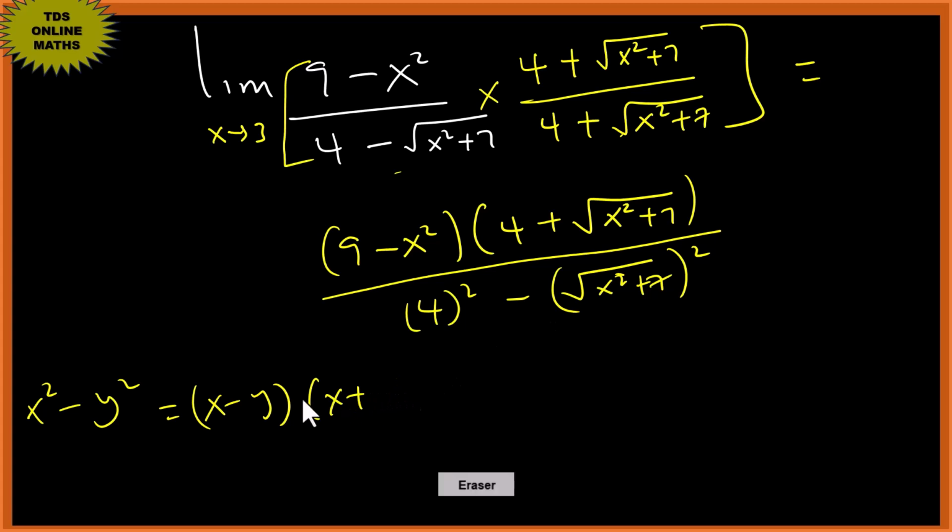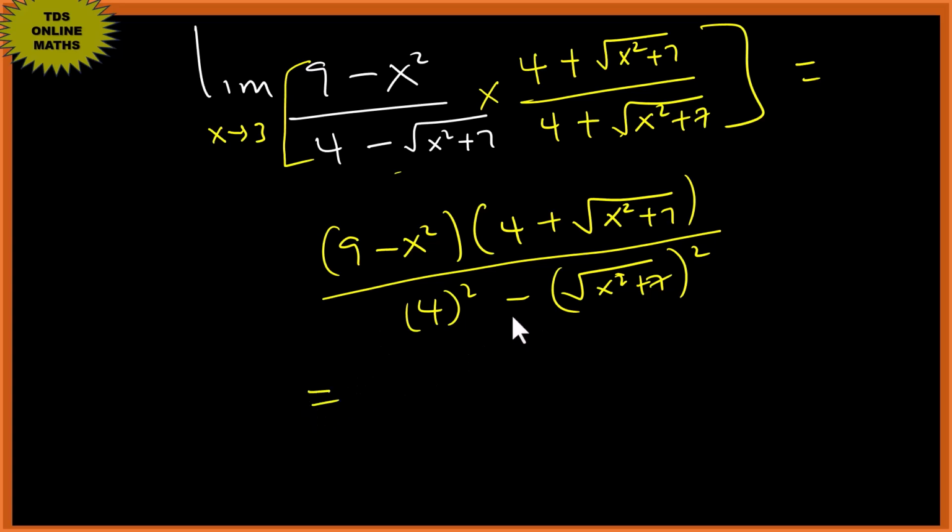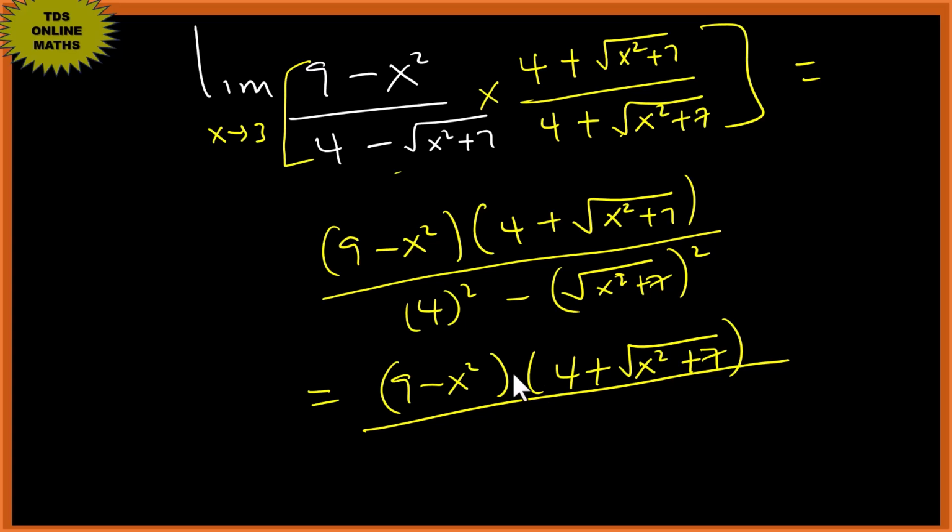All right, so I have 9 minus x squared, 4 plus square root of x squared plus 7, on 16 minus, and I'll be very careful here because this negative is affecting this, so I'll introduce a bracket.